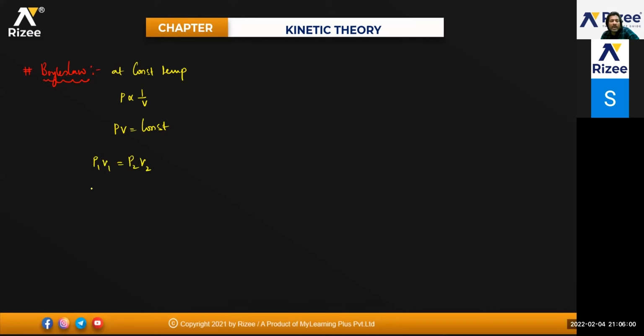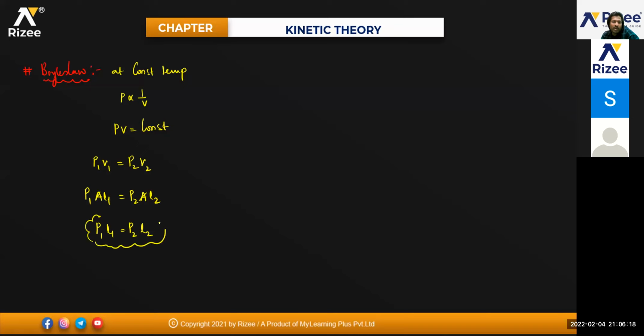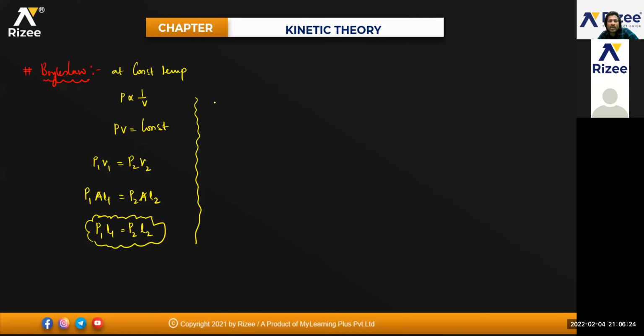Or else if I need to write it in terms of length, it is P1 into area A into L1 equals P2 into A into L2. The area cancels, so P1 L1 equals P2 into L2. Now if it is not given in terms of length either, I can write it in terms of volume.